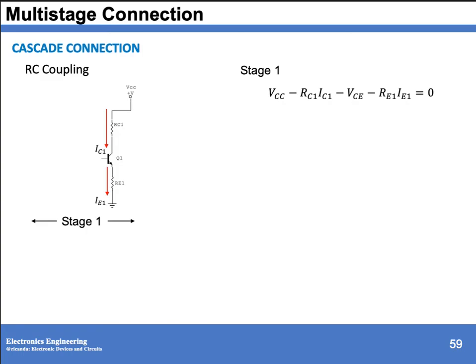So we can solve for VCE1, the collector-emitter junction: VCC minus RC1 IC1 minus RE1 IE1. And the collector voltage with respect to ground, VC1, is VCE1 plus RE1 IE1.